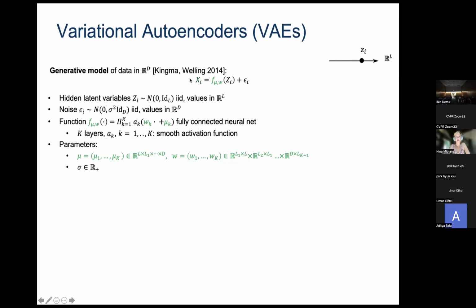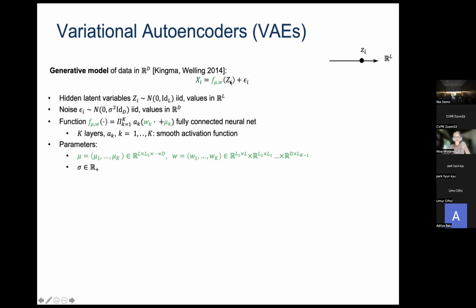Typically, a generative model with latent variables is such as the one in the first equation. We have xi, our data in the vector space RD, that is assumed to be generated with a generative model with latent variables. The latent variables are zi, and they represent the low dimensional representation of the xi.